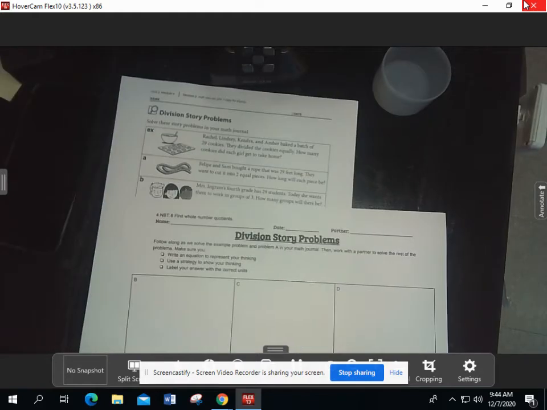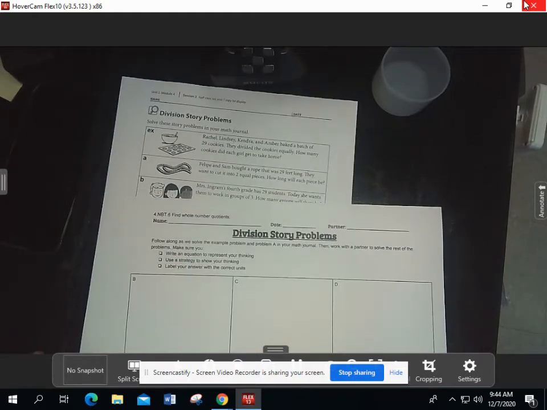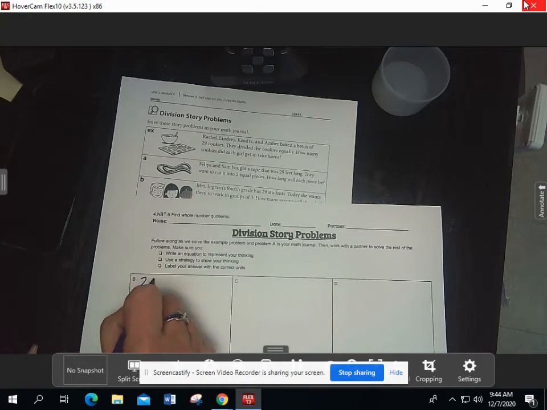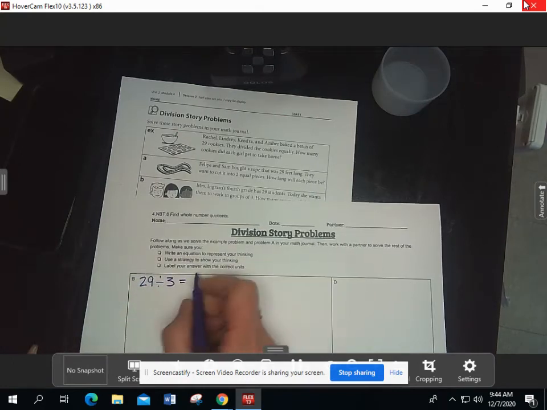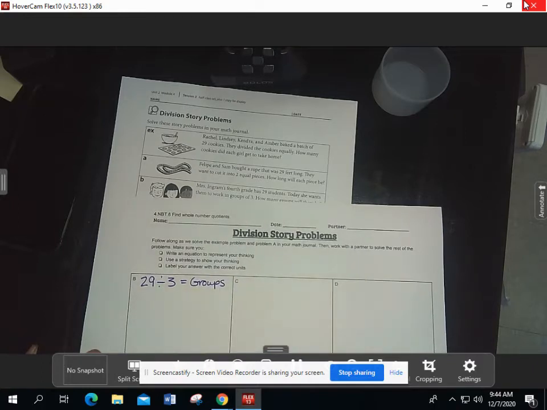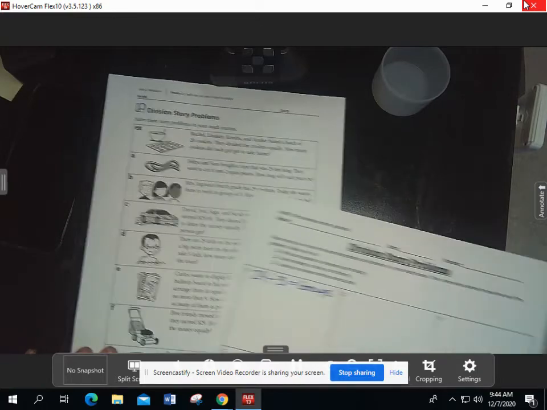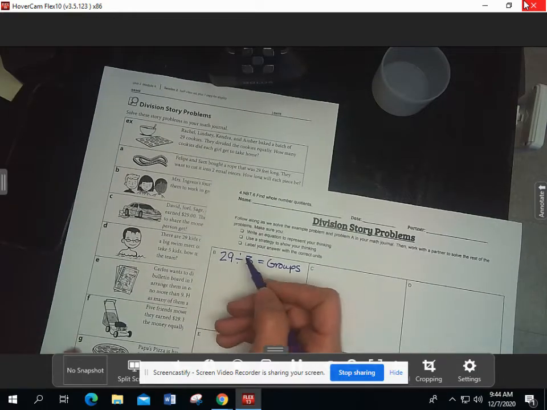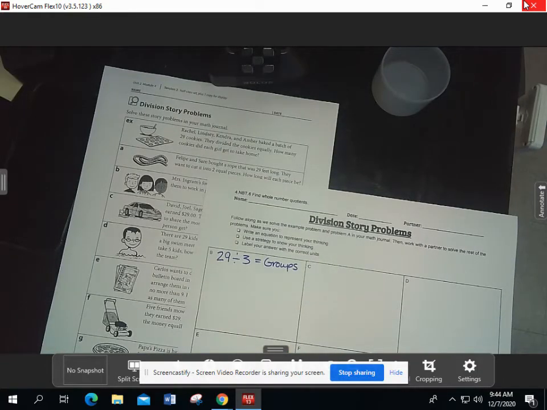Who knows what the equation is? Raise your hand. Okay, I can draw a stick if I have it. Yes, Millie? 29 divided by 3 equals the number of groups. Okay. So we're working with 29 students and they have to be put into groups.